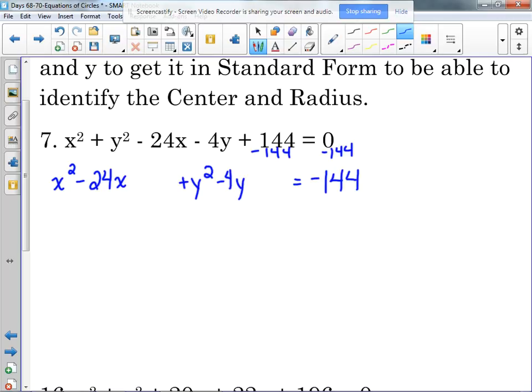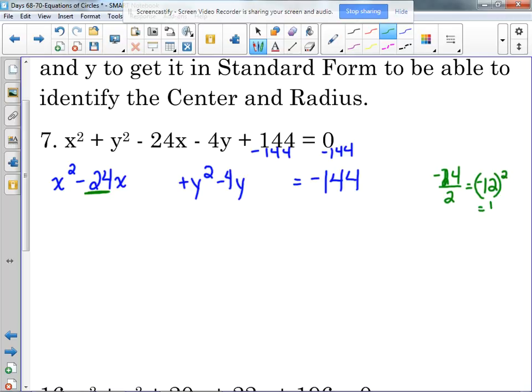All right, so let's complete the square. Right and left changes our x coordinate. Let's look at the x values first. I'm going to take that negative 24 and write my new equation. Anybody remember what we do with it? Divide by 2, so we get y plus negative 12. Remember, you have to change the signs.